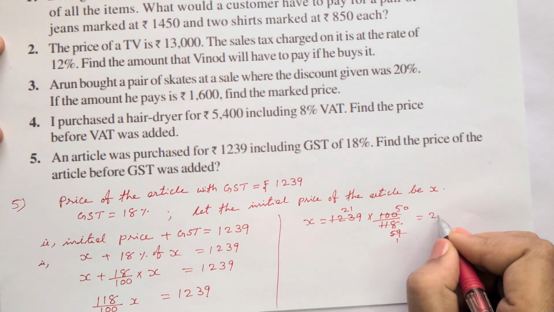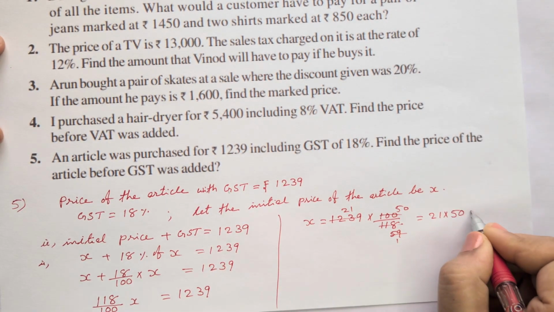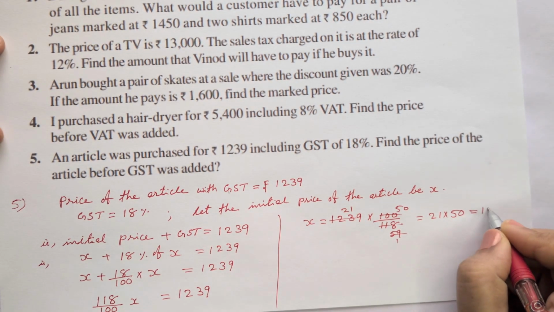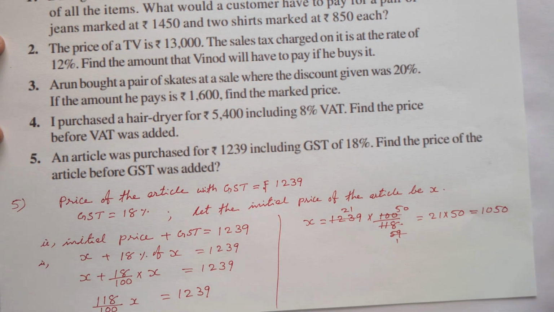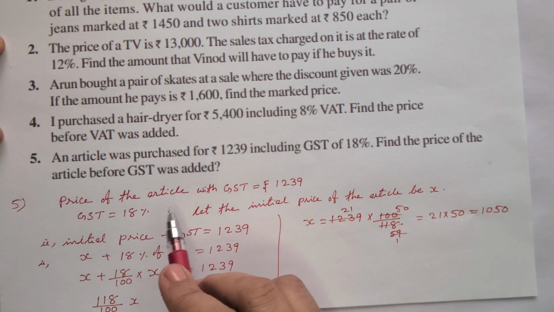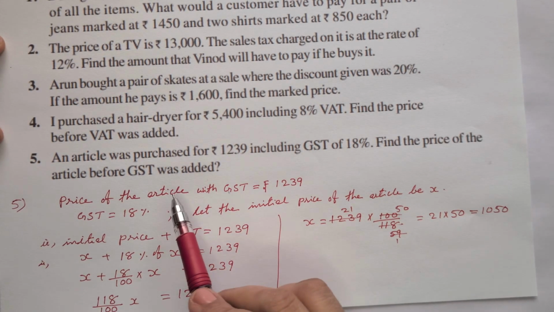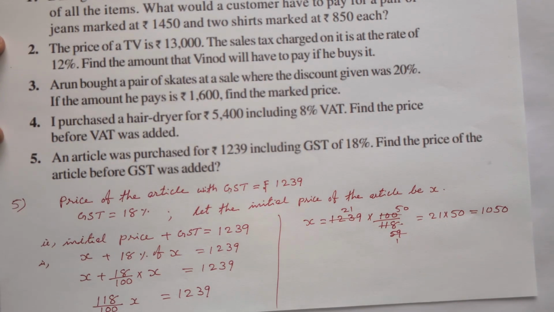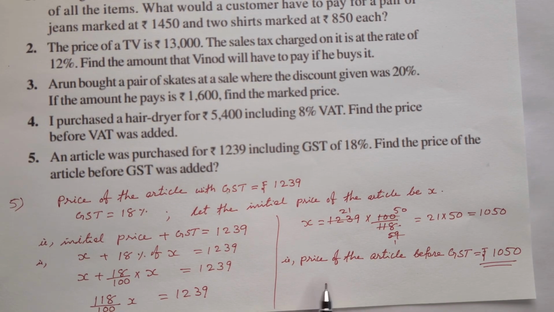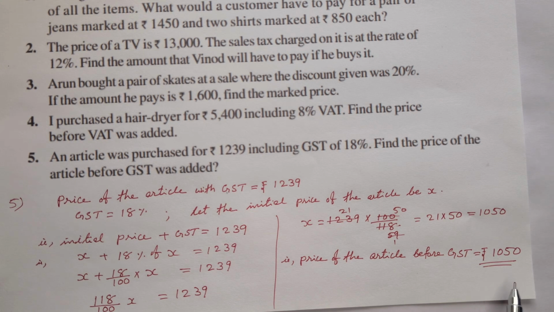So which means 21 into 50 is equal to 1050. So the price of the article before GST is equal to rupees 1050.